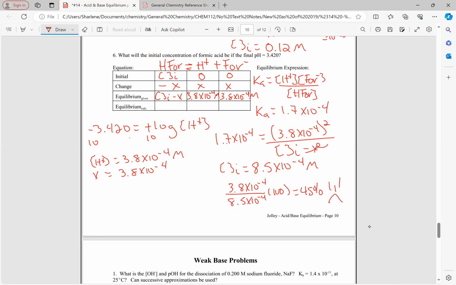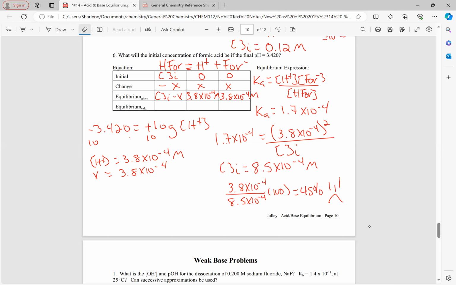But the nice thing is, I actually know what X is, so I can just go plug X in. I could have done that in the first place, but sometimes it saves a little bit of math. All right, so in that case, I have to change the problem to this.